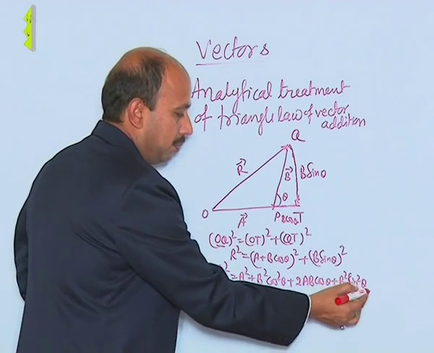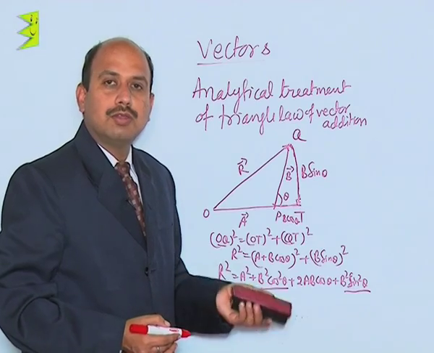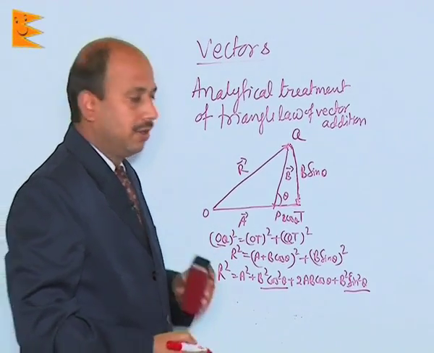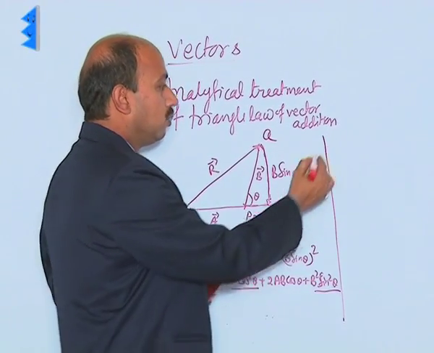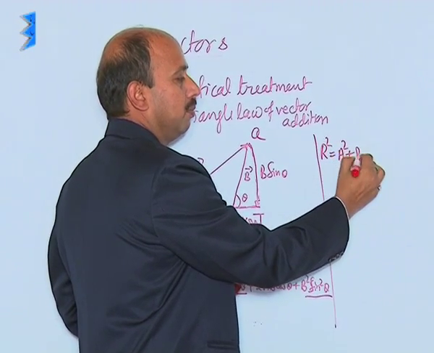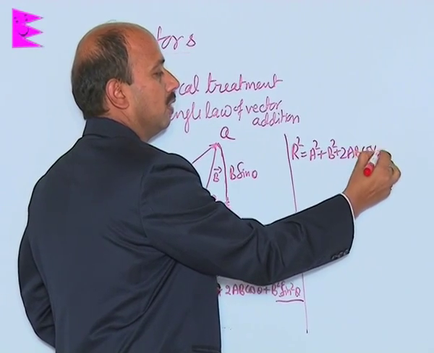Now, B square sin square theta, B square cos square theta. You know sin square theta plus cos square theta is equal to 1. So, we can write here R square is equal to A square plus B square plus 2AB cos theta.